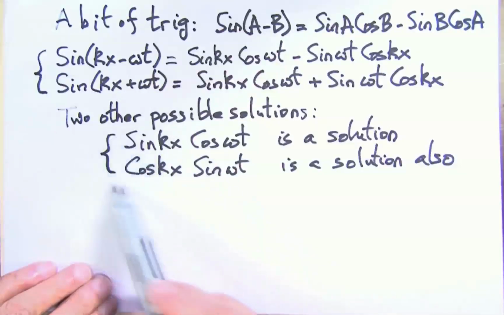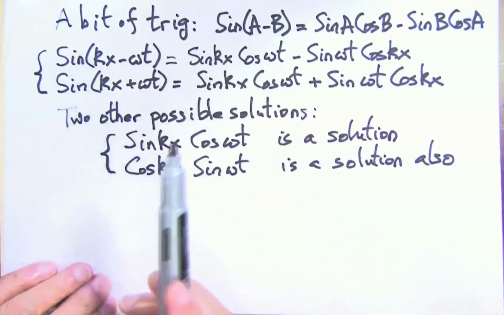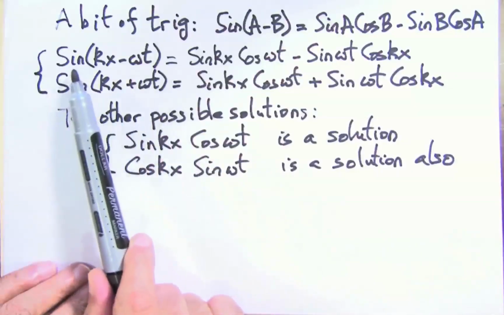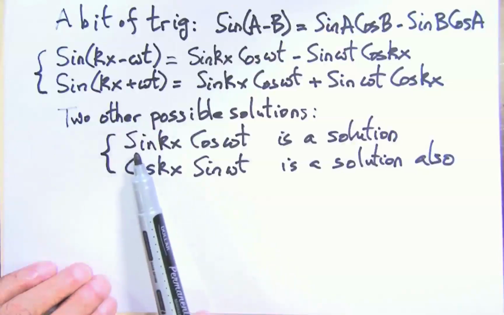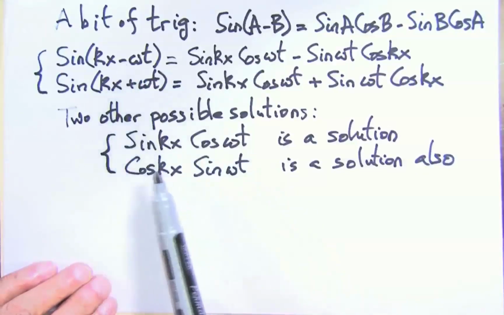So this set over here is equally good as this. Of course, they have different physical meanings. This is a wave going to the right, this is a wave going to the left. This is actually a sum of these two, and this is a difference of these two.